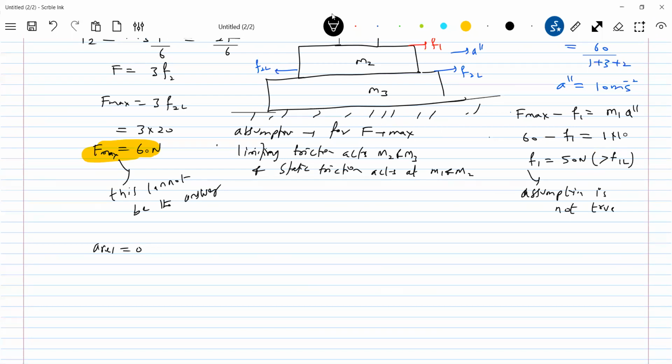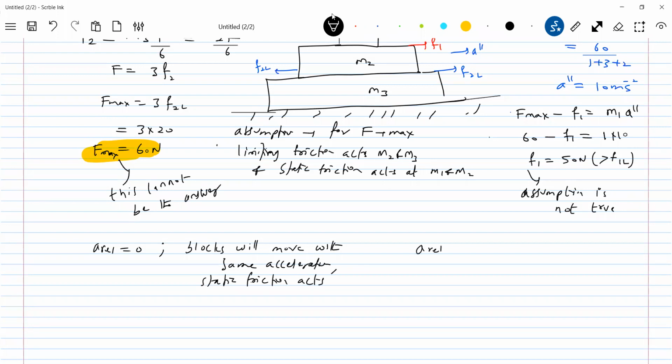Please listen to me. Analyze, then you can talk. If A relative is 0, blocks will move with same acceleration, friction acting is static friction. I think yesterday this is what I tried my level best to impart, no? Static friction acts here.